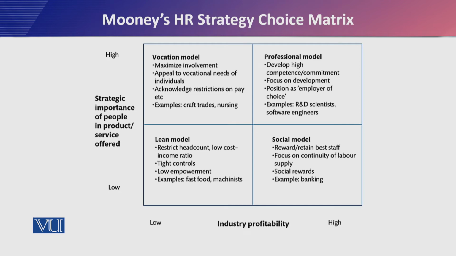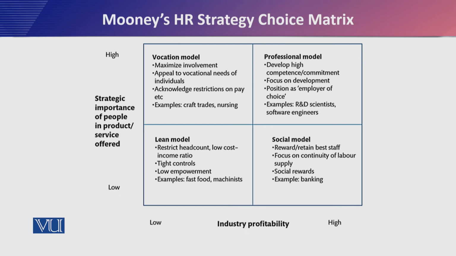When the strategic importance is low and the industry profitability is also low, examples are fast food and machinist. Actually, when we are talking about the industry profitability being low and the strategic value also being low, it depends on country to country. In some countries the profitability in a particular industry might be high, whereas in the same industry in another country the profitability may be low.